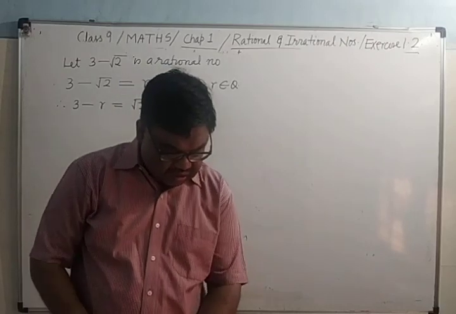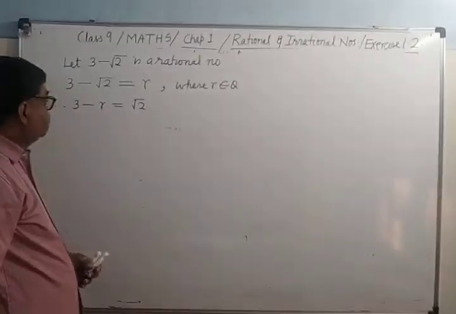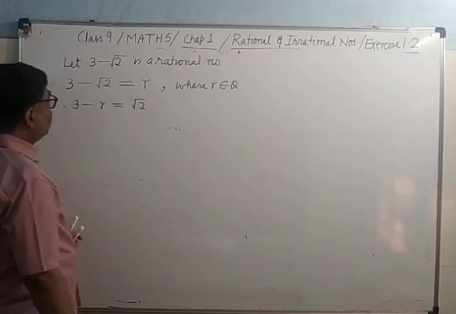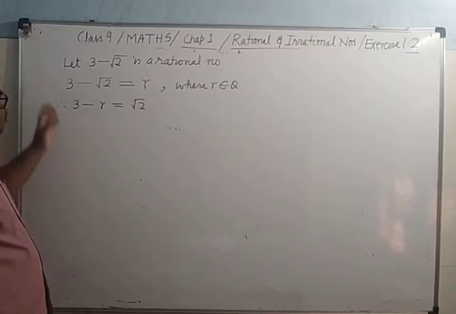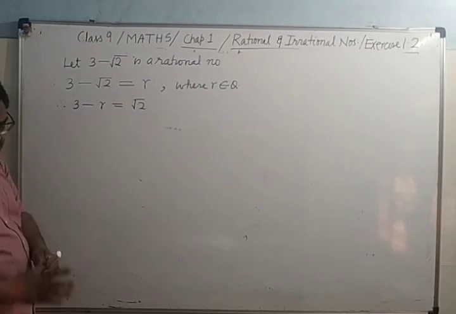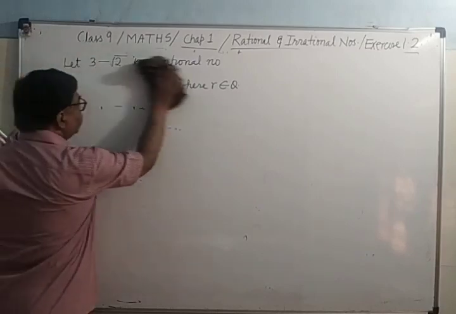Now all of you see here, you have to prove 3 minus root 2 is irrational, and I am doing it once again.